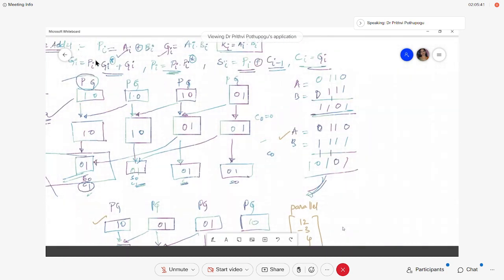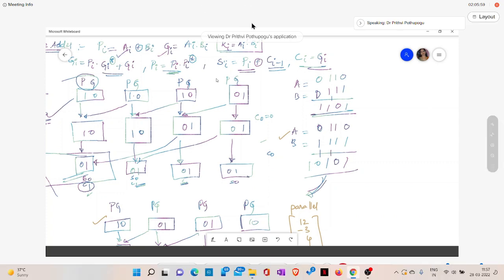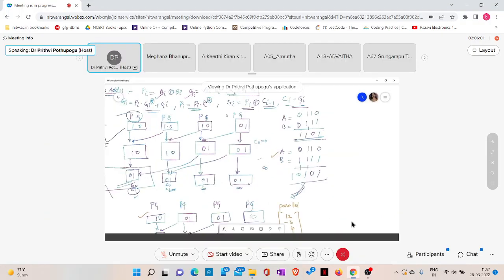We have these equations, these are the guiding equations. The carry bit for our addition process is needed only after the final step. In-between carries we don't want, because they are not going to give us the result. So in-between carries we won't bother.